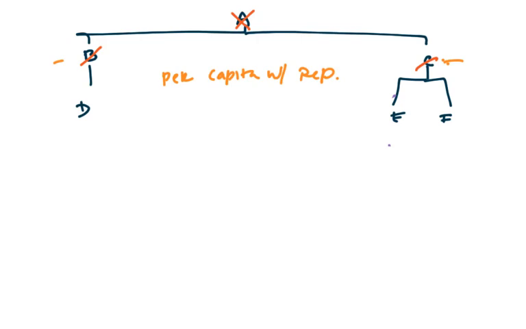So we don't divide until we get down here. And so since there are 3 surviving issue at this level, we divide it by 1/3. So if we use per capita with representation, D would get 1/3, E would get 1/3, and F would get 1/3.